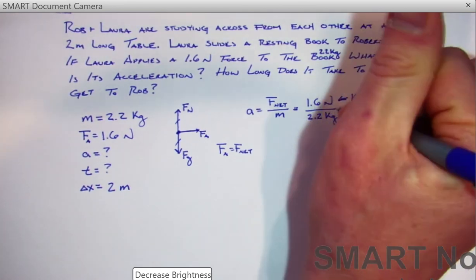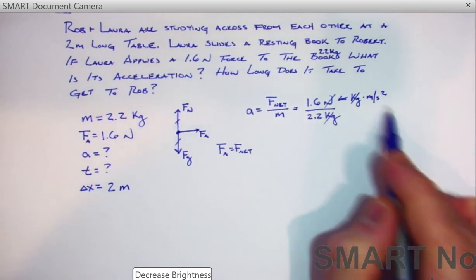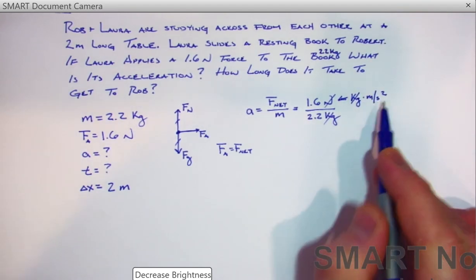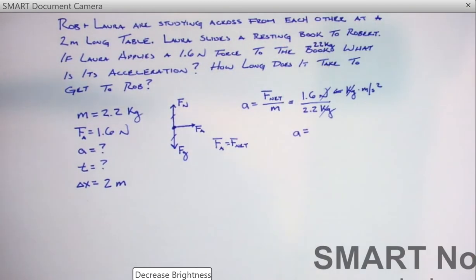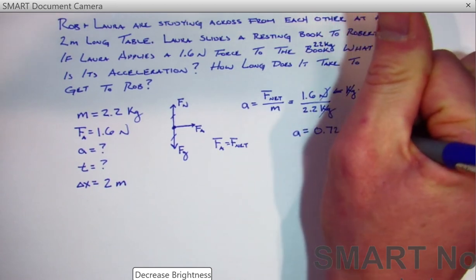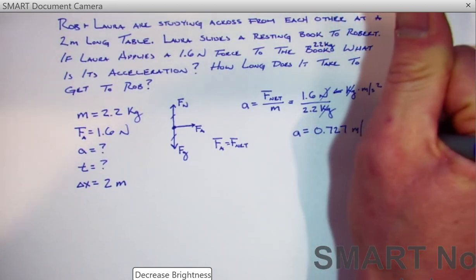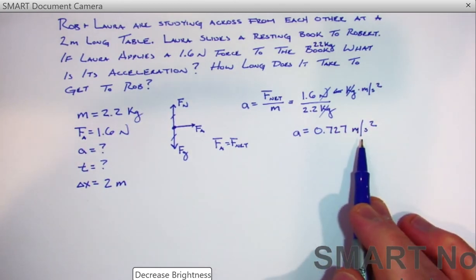So when we think about that, the kilograms will cancel, and the only unit I'll have left is meters per second squared, which is good because we're solving for acceleration. So then acceleration is just going to be 1.6 divided by 2.2, which my calculator tells me is 0.727 meters per second squared. So that's the rate at which the book's velocity changes.